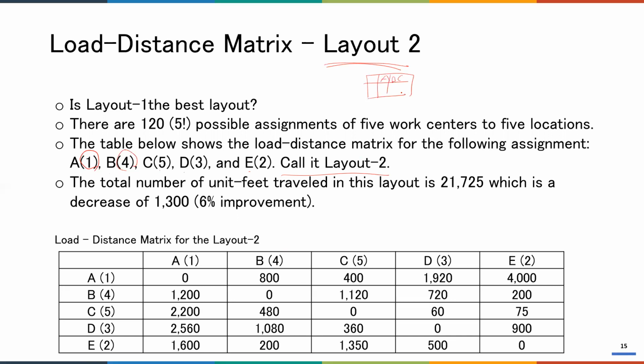A, B, C, D, E. This time the load matrix becomes 1, 4, 5, 3, and 2. And just multiply this one and it becomes the load distance matrix for layout 2. After that, again, we sum everything, and then we got this much.